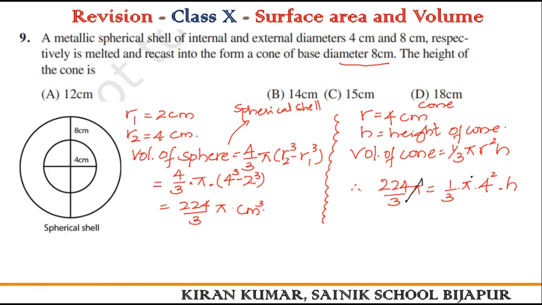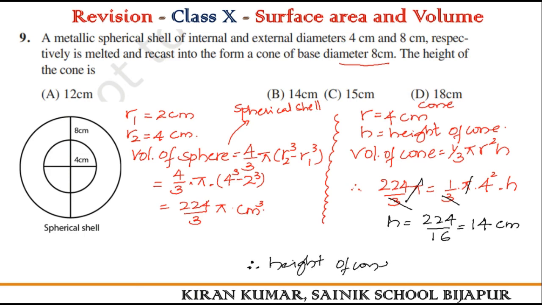Pi will get cancelled, 3 will get cancelled, and h will be equal to 224 divided by 16. This becomes 14 centimeter. Therefore, the height of the cone is 14 centimeter, which is there in option B. So option B is the right answer.